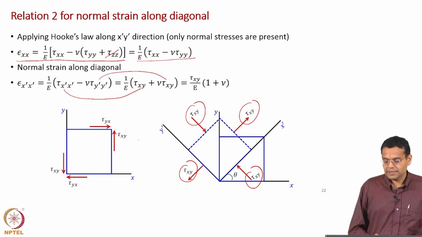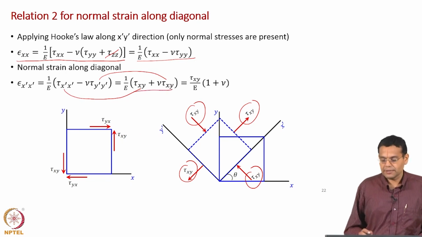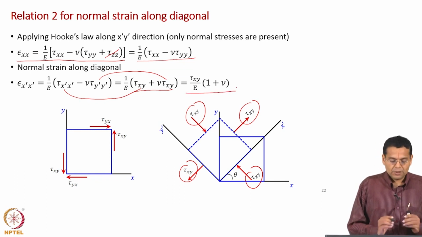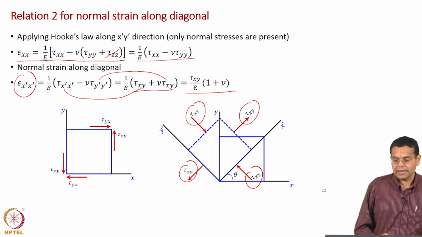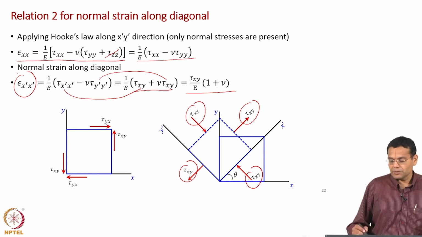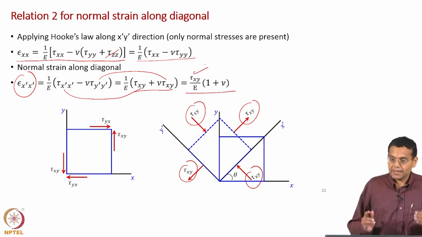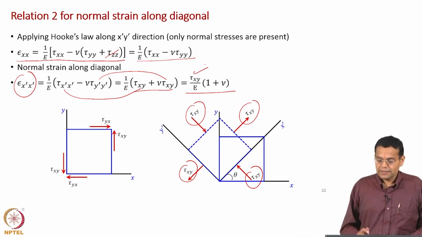I already have a minus sign here, and that becomes tau xy plus nu into tau xy. So, you can take out tau xy by E outside and write as 1 plus nu. So, we have got another expression for the normal strain along diagonal, a second relationship which once again relates to the applied pure shear stress and material properties nu and Young's modulus.